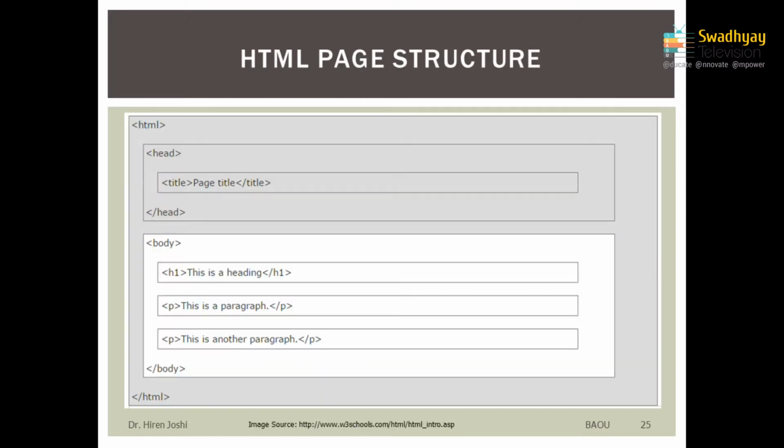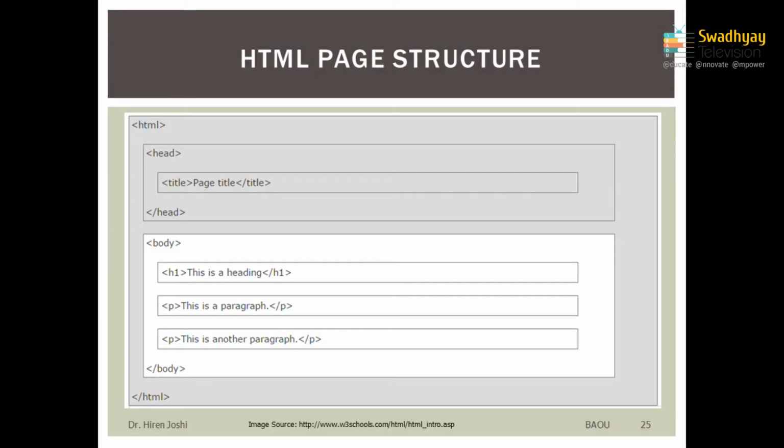In the last session, we have also described the page structure: HTML is a root tag with its closing tag. Inside HTML there is a head section or head tag. Inside head there should be a title, but this head and title are optional. You can write directly with HTML and then come to the body tag.